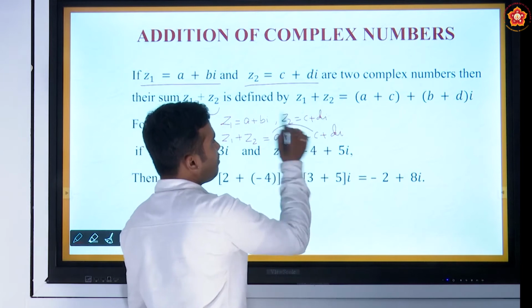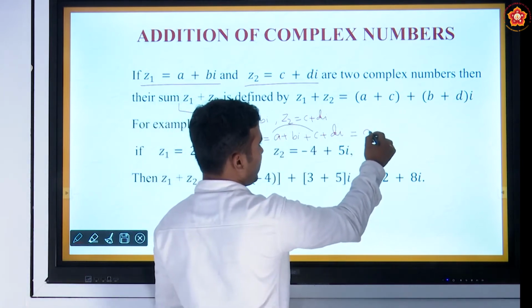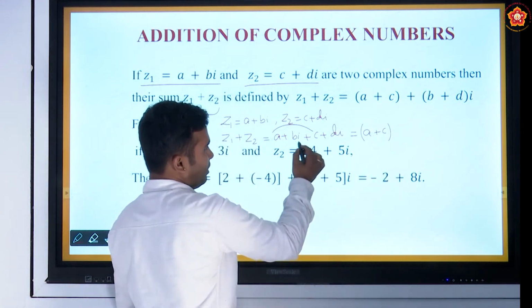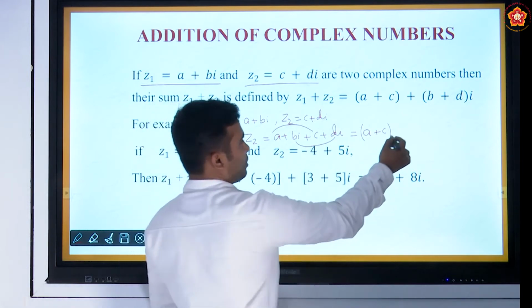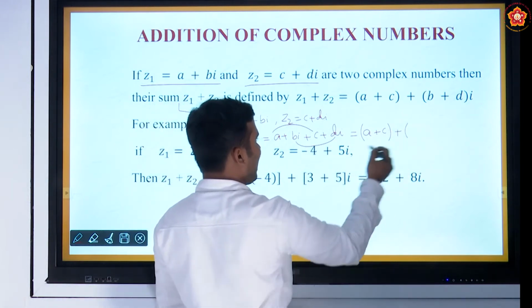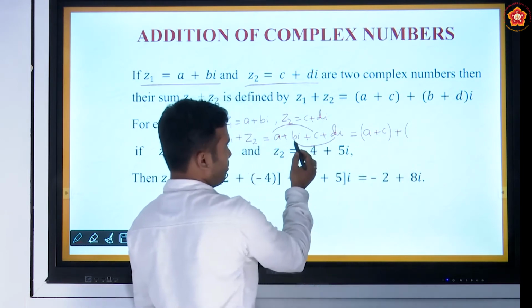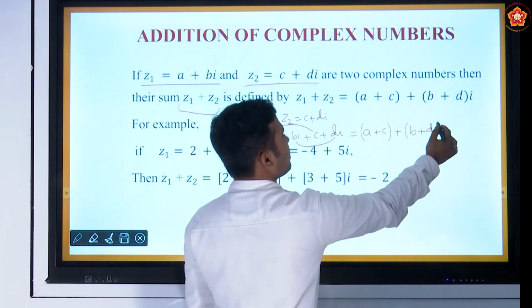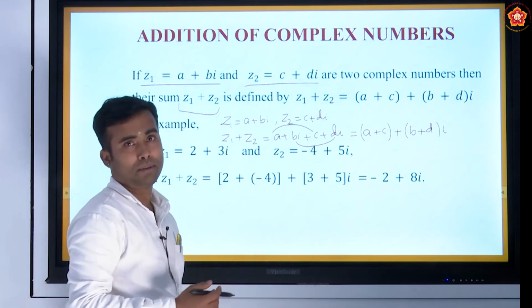Here the real parts are a and c, so we add those two together, a plus c. Here bi and di are imaginary parts, so we add those. You can take i common with bi and di, and you will end up with (b plus d)i.